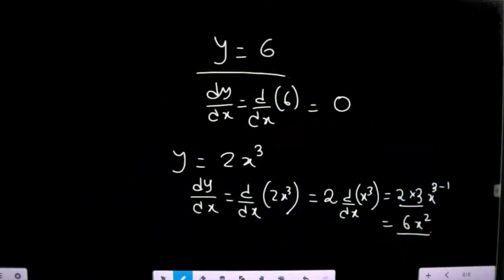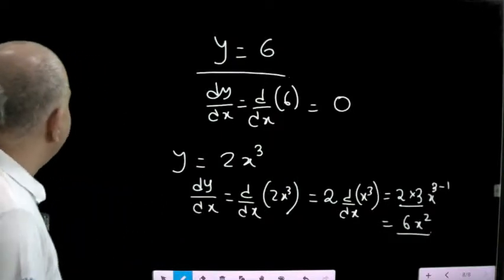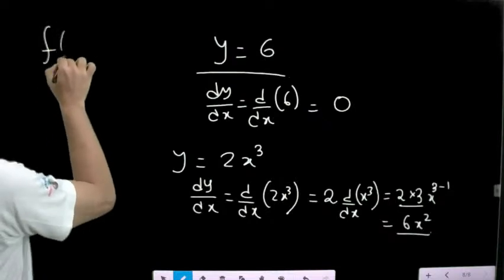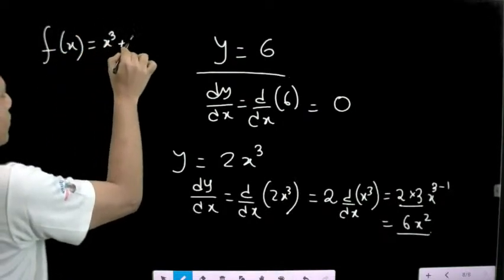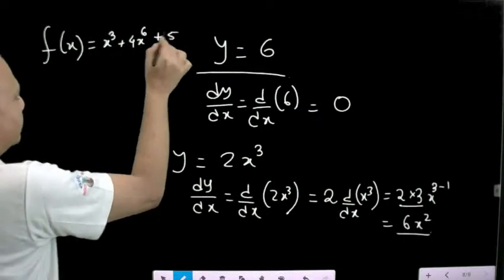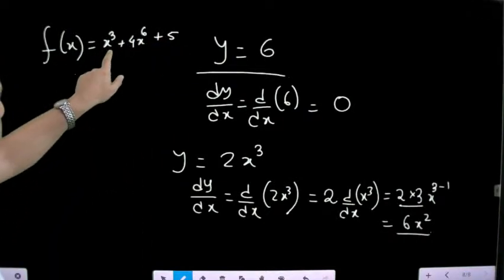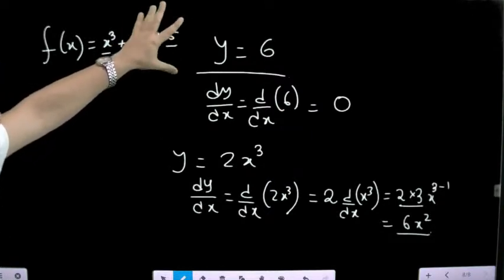So now, if we have multiple functions added, just like see, any function of x, suppose x cube plus 4x to the power 6 plus 5. You can see it is a separate function, the constant, but still you can think it is a function also.